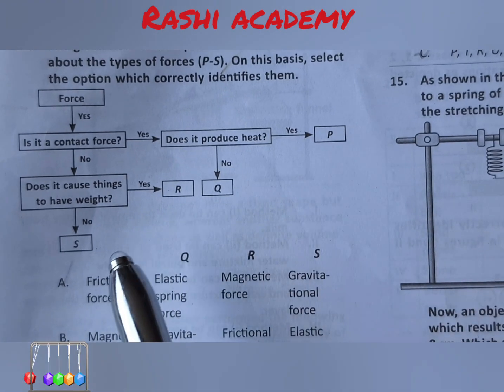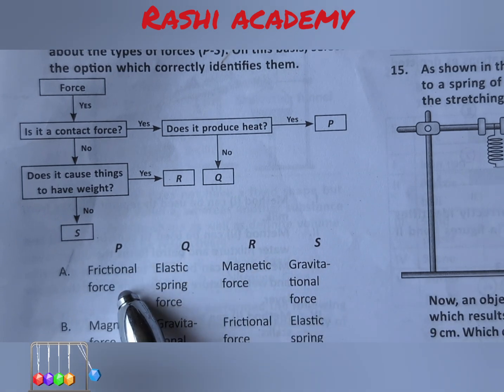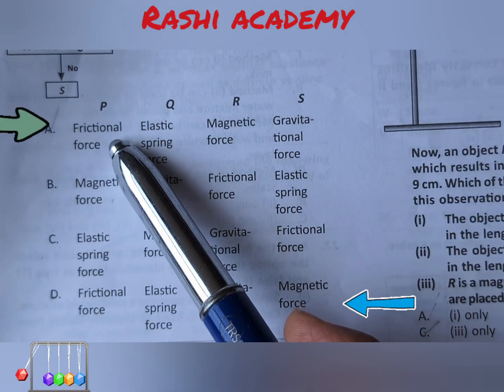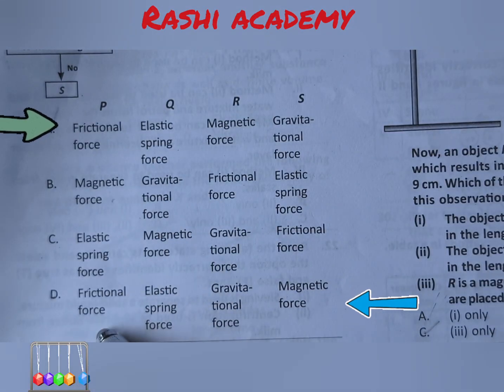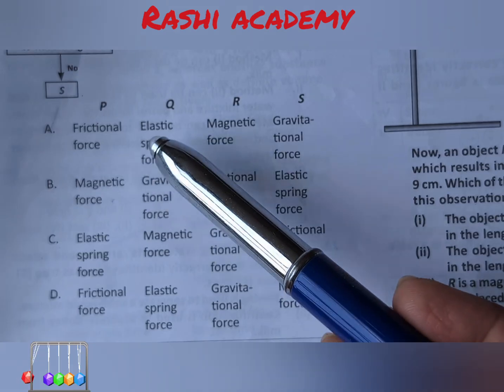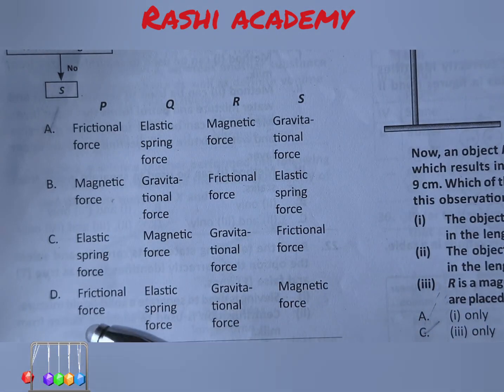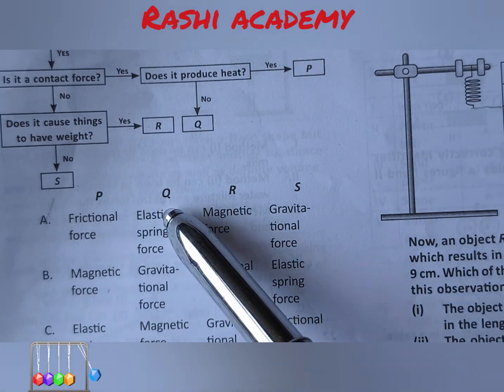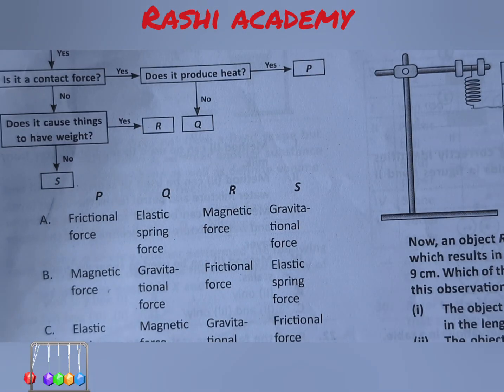Your option P, friction force, will be the correct option. You can see in option A, frictional force is given, and in option D, friction force is given. So A and D are the only ones, and only one of them is correct. We will read more and find out the other forces, and we will get the answer.